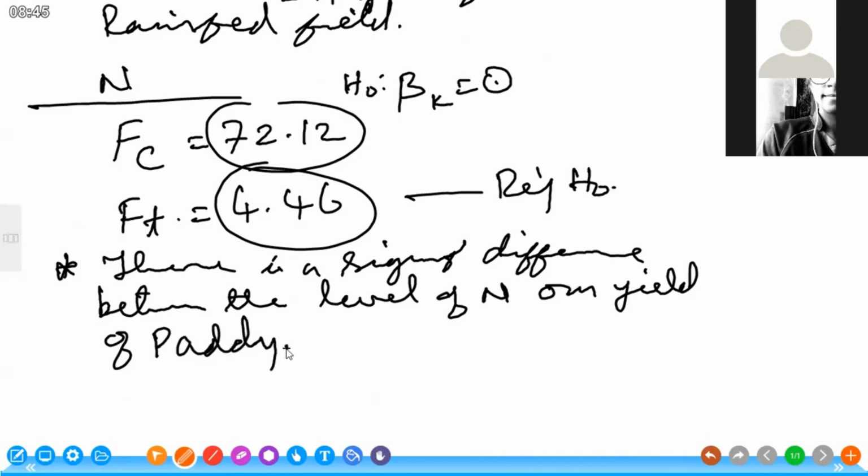Yes. There is a significant difference between the levels of nitrogen on yield of paddy. So that we can see.